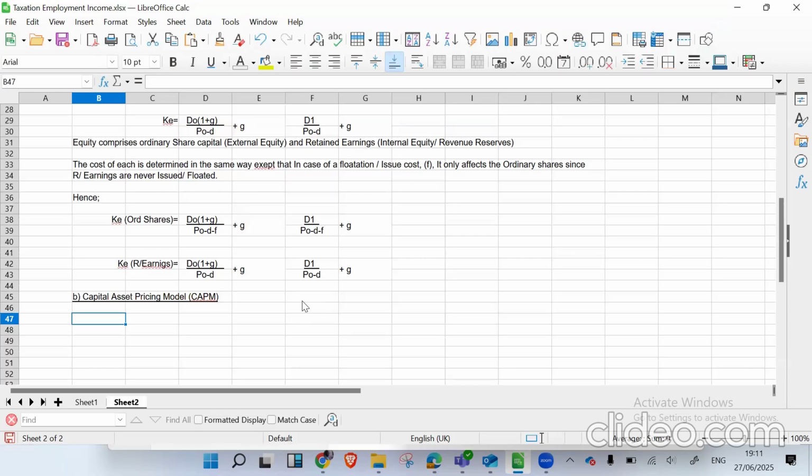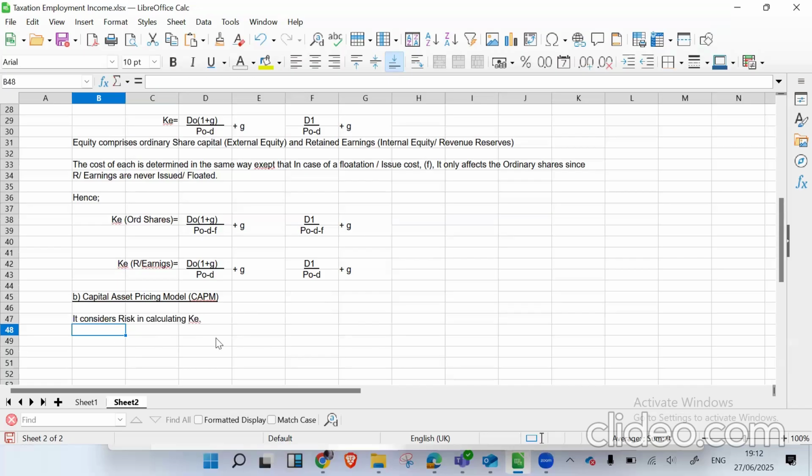So capital asset pricing model considers risk in calculating cost of capital, in calculating KE.